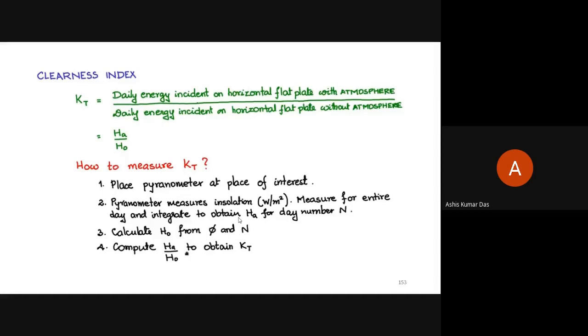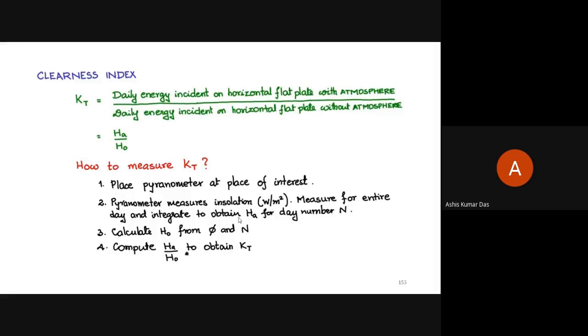Now H naught can be computed. It is determinable by means of a closed form solution, and all this needs as input is the latitude and the locality, and you can accurately compute it using 3D geometry with reasonably good accuracy. So we have already found the value of H naught earlier.